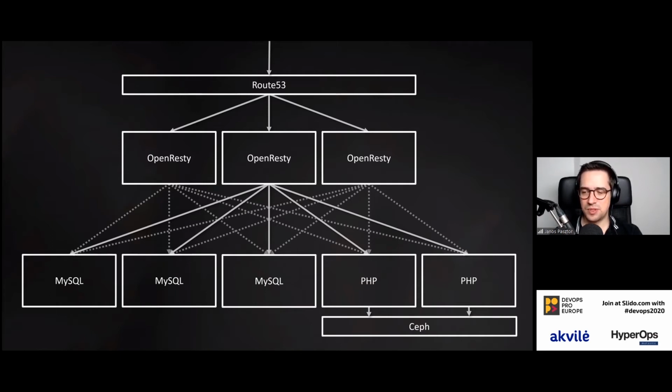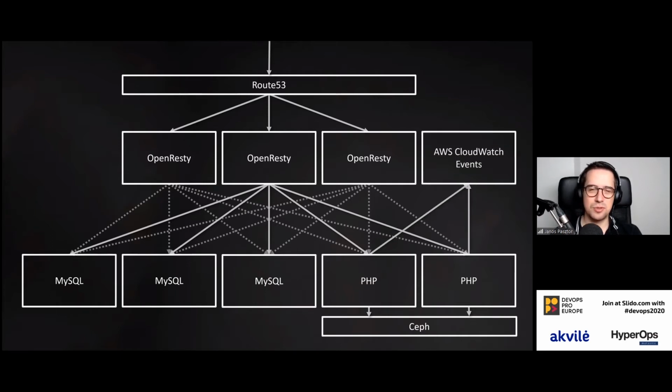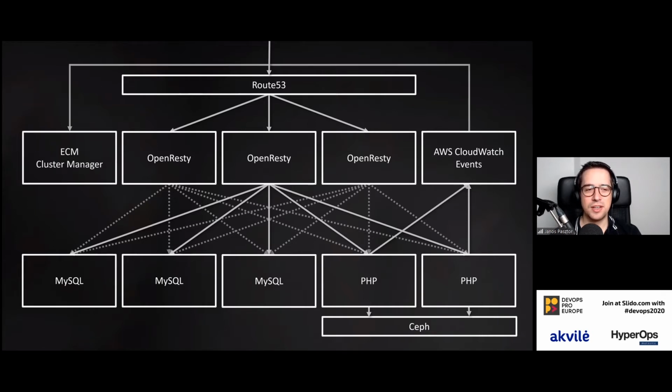And then the PHP containers, of course, sometimes restarted. So we used CloudWatch events to figure out what's going on in the cluster, if nodes are moving, etc. And this was watched by a component that we wrote ourselves called the ECM cluster manager. And this cluster manager stored this information in the MySQL databases, which of course was replicated.